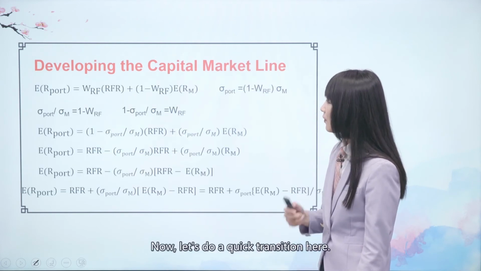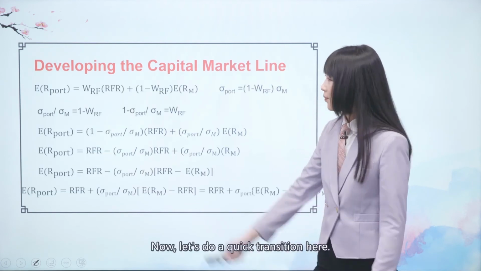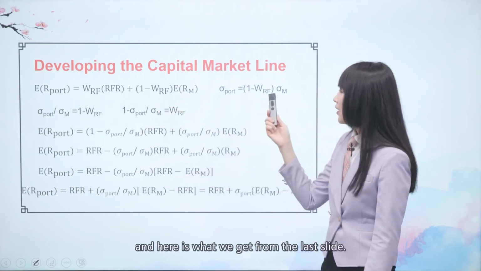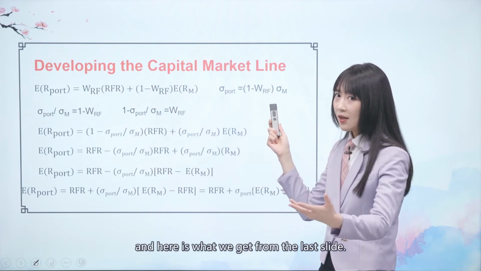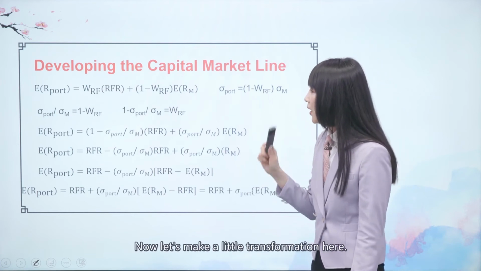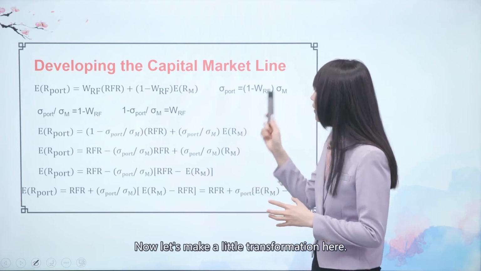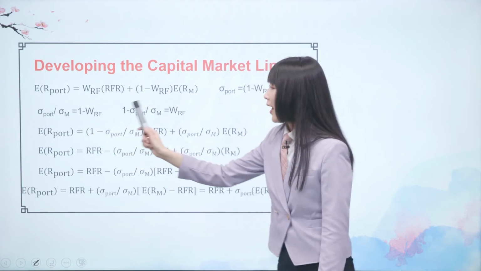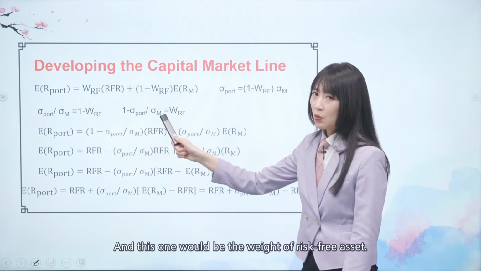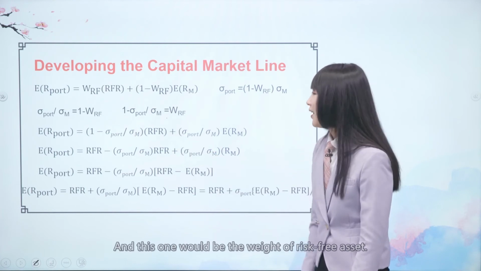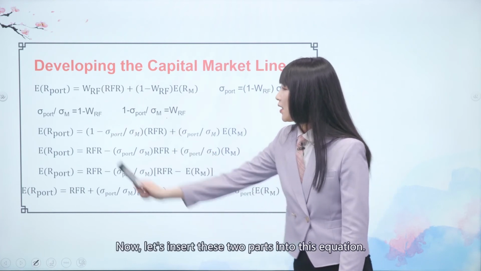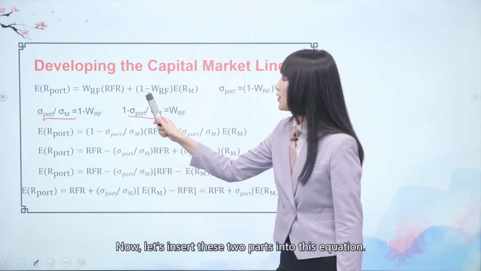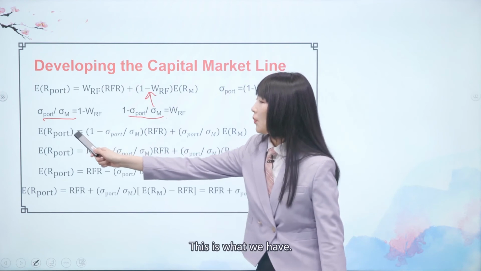Now, let's do a quick transition here. Here is the expected return of this portfolio, and here is what we got from the last slides. Now, let's make a little transformation here. The weight of portfolio M would equal that, and this one would be the weight of the risk-free asset. Now, let's insert these two parts into this equation. This is what we have.